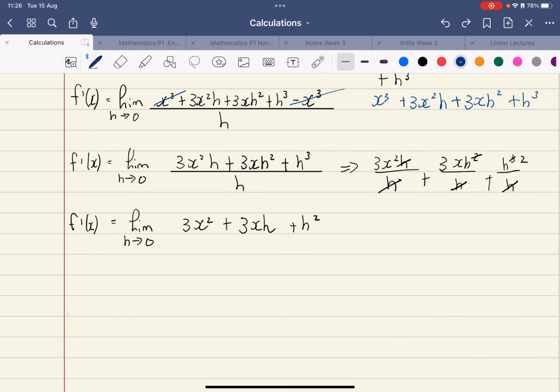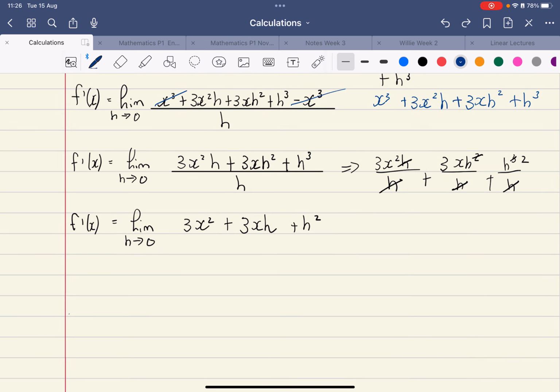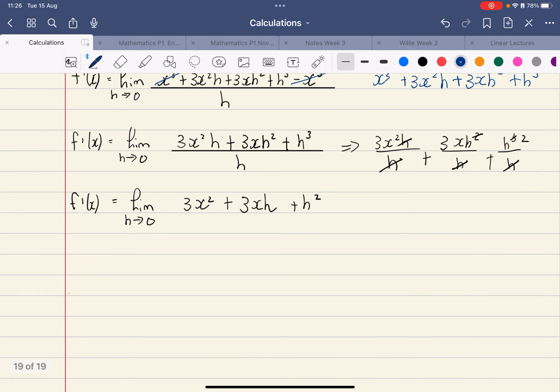I just want you to understand that when we're dealing with limits, h isn't actually equal to 0. It never actually reaches 0, but it gets so close that we can treat it as if it's 0. So if we sub in h into our expression, what do we get?